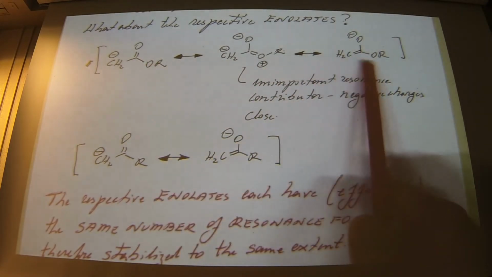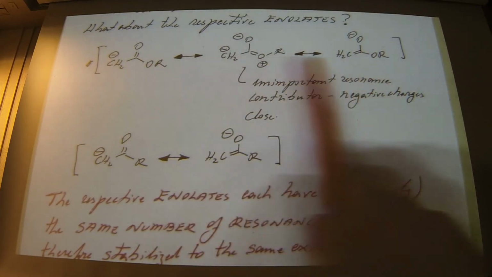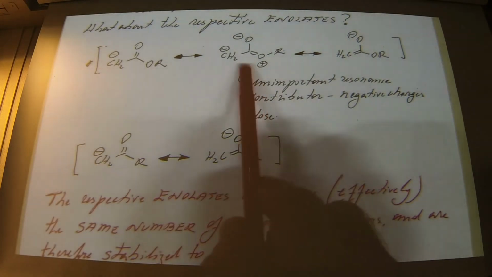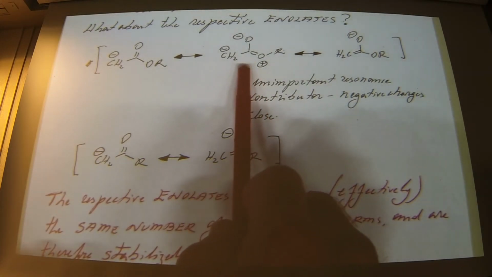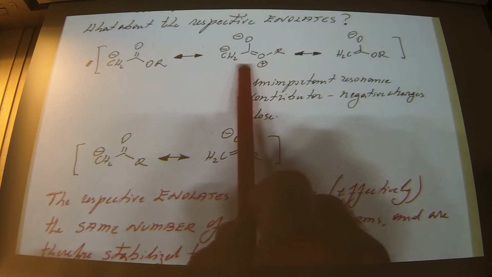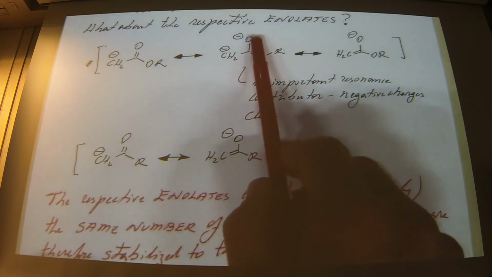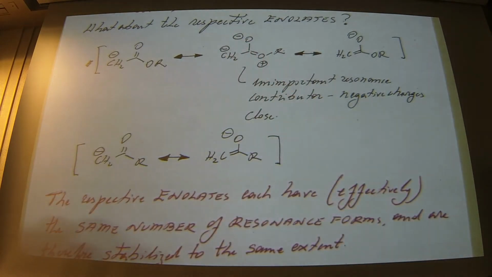So now look at the enolates. The ester enolate has three resonance forms, and the ketone only has two. But this resonance form doesn't count. We don't have to worry about this one, because here I have a huge amount of charge separation, and worse yet, two negative charges fairly close.